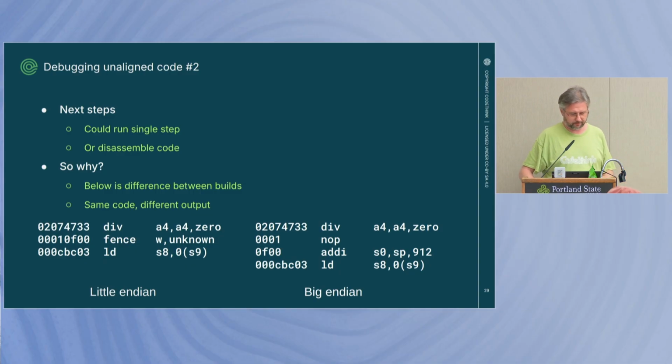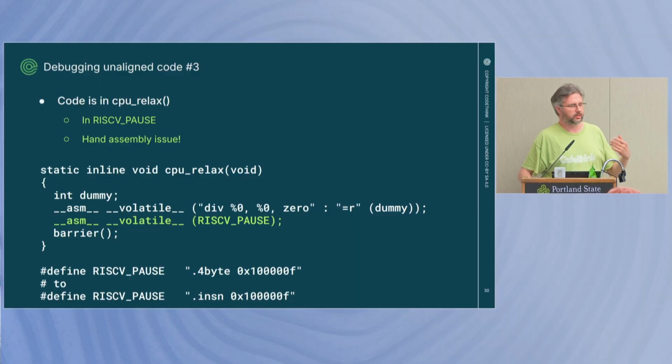What's going on? So we decided to disassemble, and you can do disassembly with source, and it very clearly showed that this was a problem in cpu_relax with a hand assembly. We thought that any hand assembly issues would have just provided an unknown instruction because it's been byte-swapped. It turns out in the compressed instruction set, it's actually a completely different but legal code sequence.